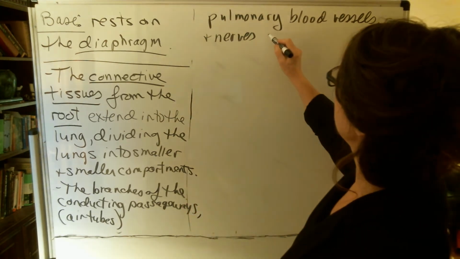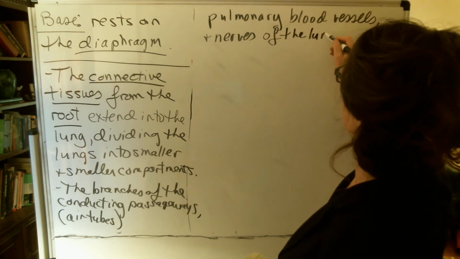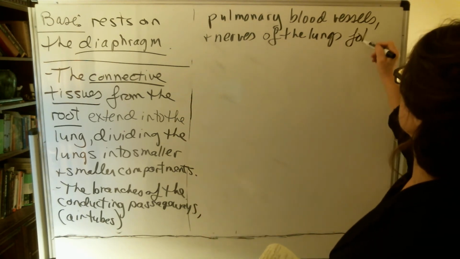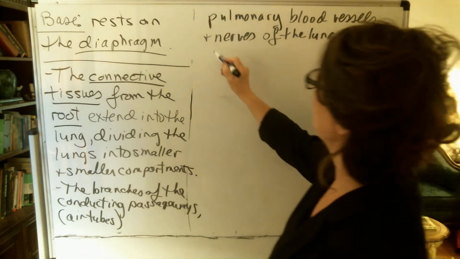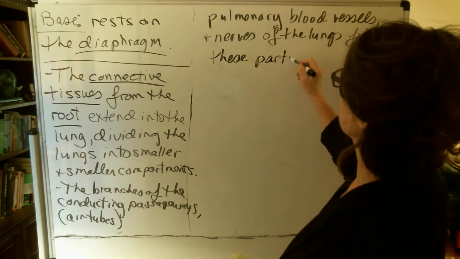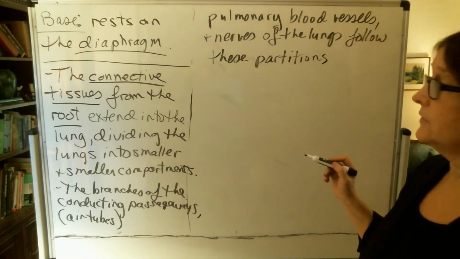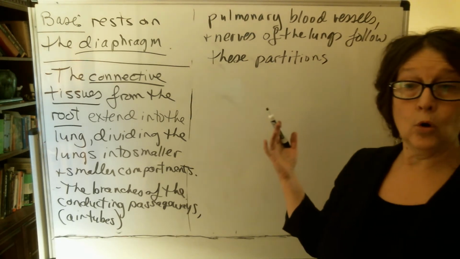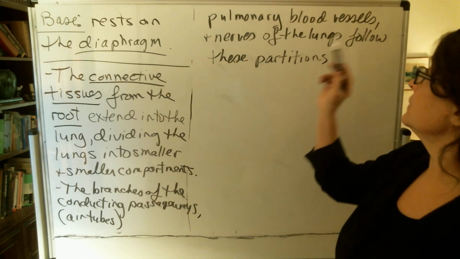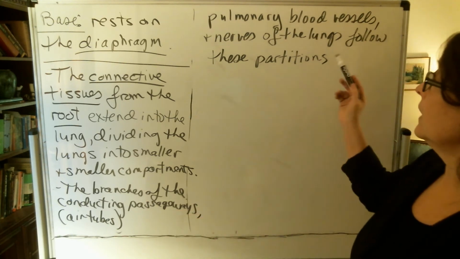So all of these different aspects of the lungs then follow these partitions. So we have these partitions made up of connective tissue, basically little walls, if you will, and following along these partitions, you've also got blood vessels, you've got the air tubes, you've got the nerves.